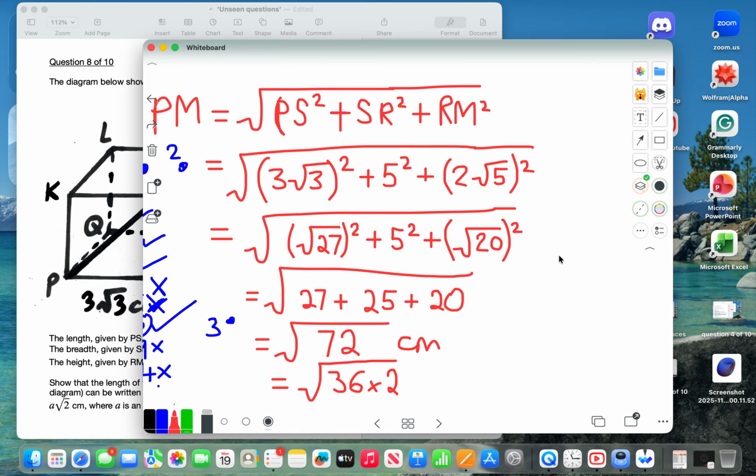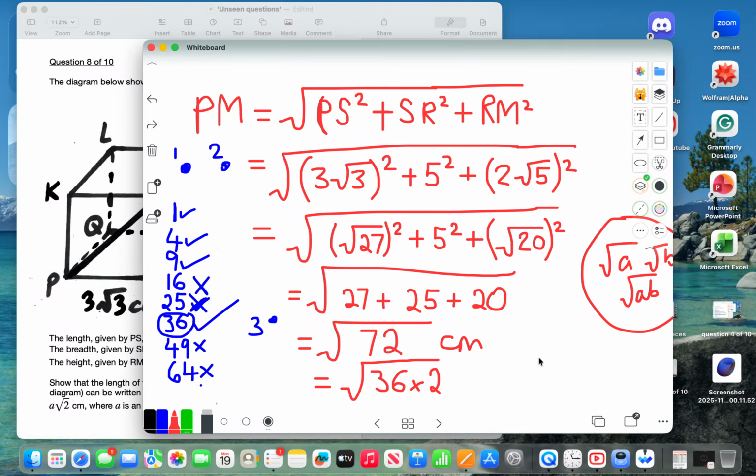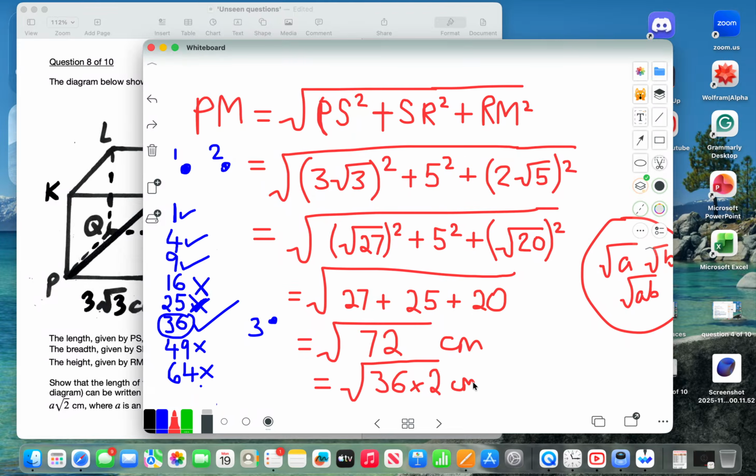And using the rule that root a, root b is root ab, we then write that as root 36 multiplied by root 2.